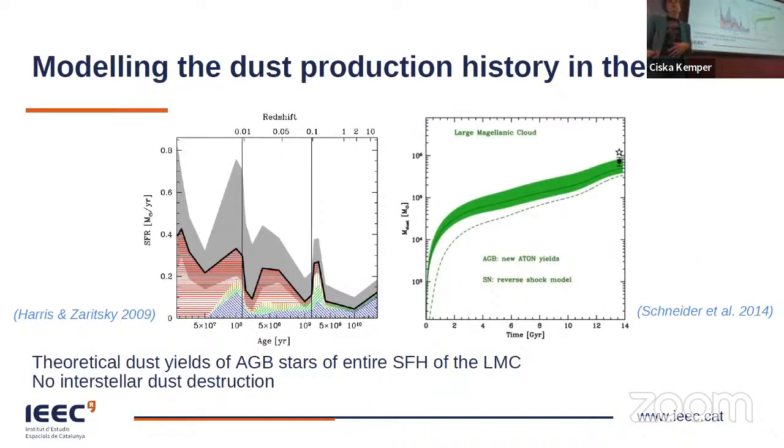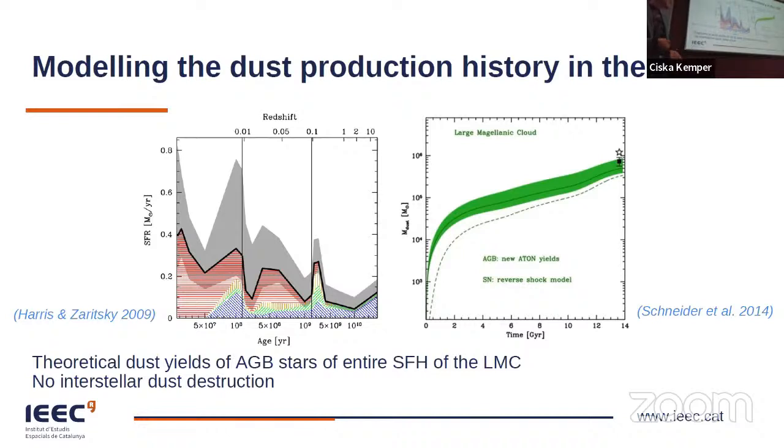You can also try to model it rather than taking an observational approach. We actually did this in 2014, where we took the star formation history of the LMC, which was derived by Harris and Zaritsky in 2009, and used that along with stellar evolution models and theoretical dust yields of HGB stars, applied over the entire star formation history.